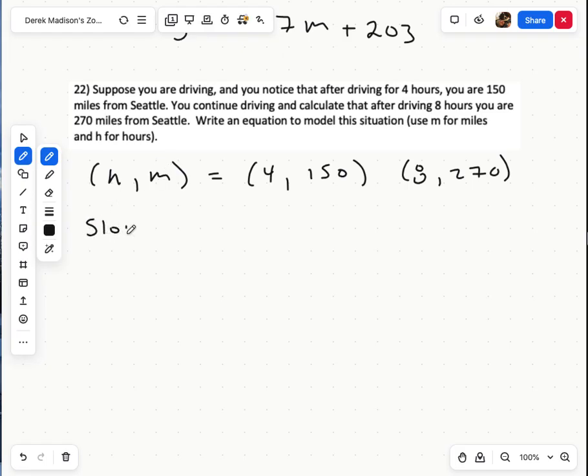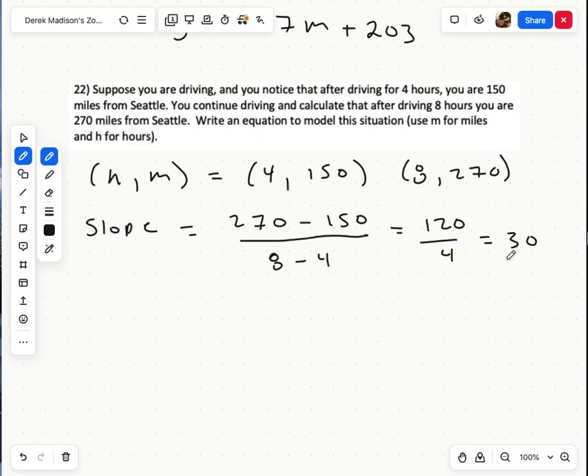So we'll say slope equals 270 minus 150 over 8 minus 4. And that will be 120 over 4, or 30. So we're getting 30 miles per hour farther from Seattle. So with each hour we're traveling 30 miles.